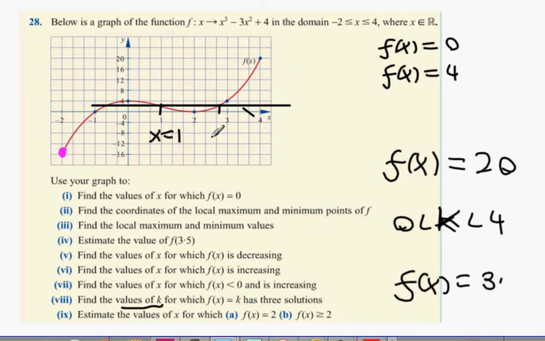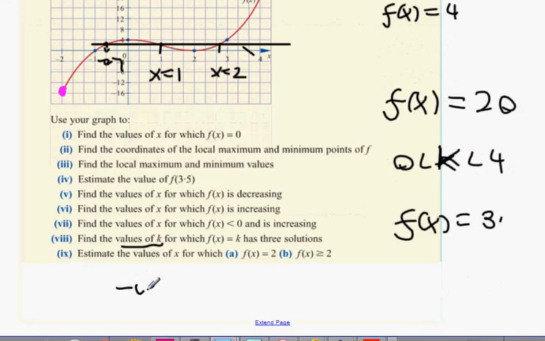y equals 2 and you see what x values produce the same point on the graph. f of x is greater than or equal to 2 when the function is greater than or equal to 2. Oh, there's another answer here. It's minus 0.7. So in between minus 0.7, less than or equal to x, less than or equal to 1.